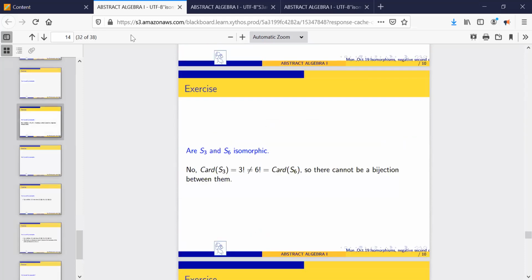So what would happen if, instead of mapping 1 to 1, 3, 5, or 7, I instead mapped 1 to 2? What would I get?